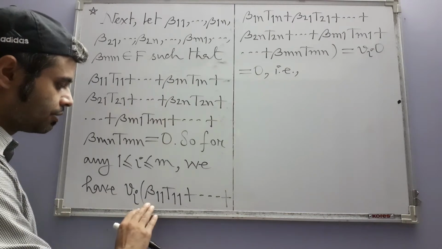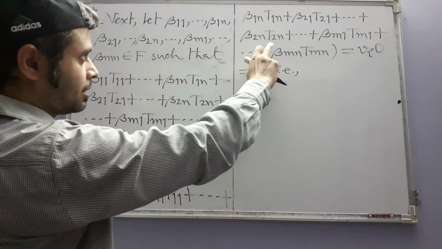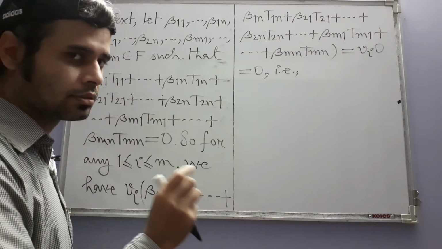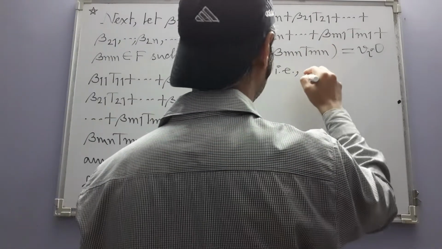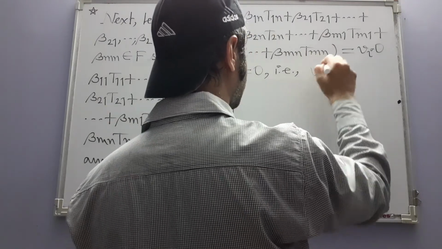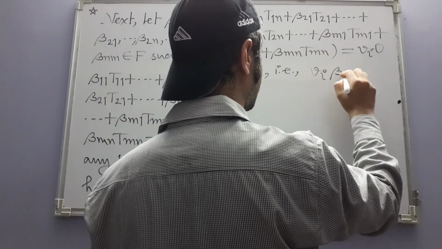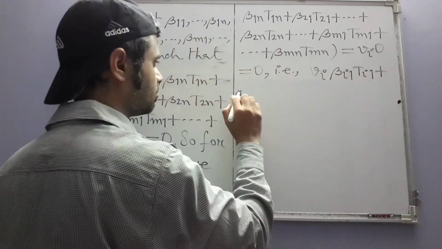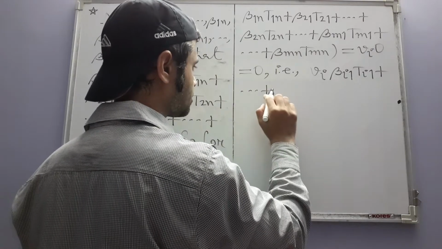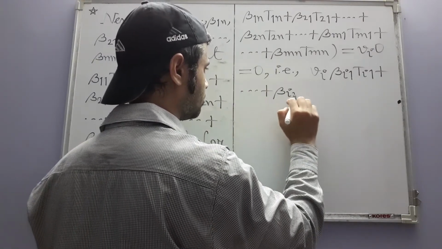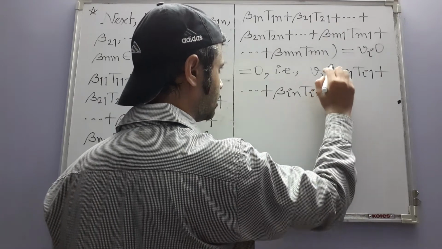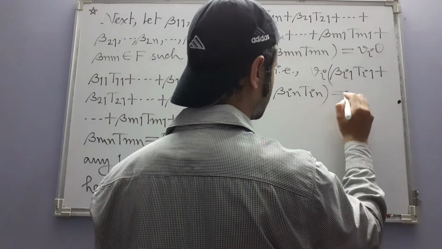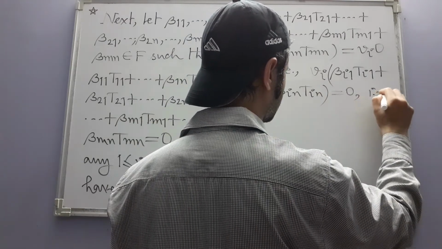We are just going to write the terms that have i as the first of the double indices: beta i1 Ti1 plus beta in Tin, because the other part will give us 0. This is equal to 0.